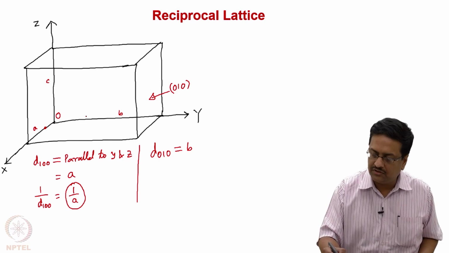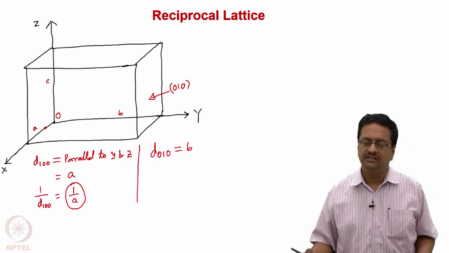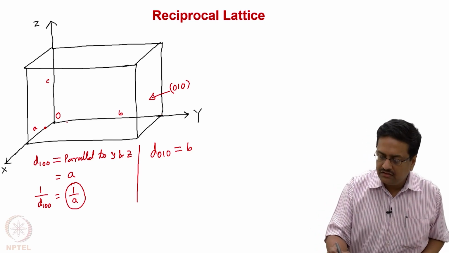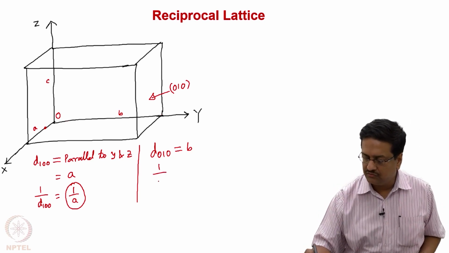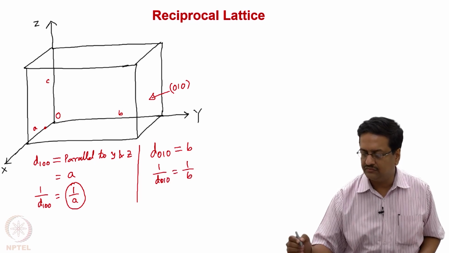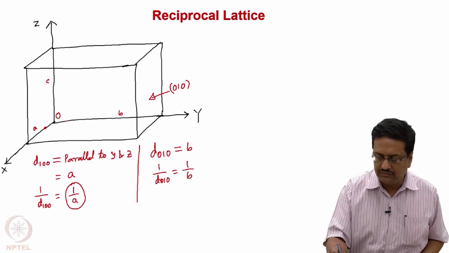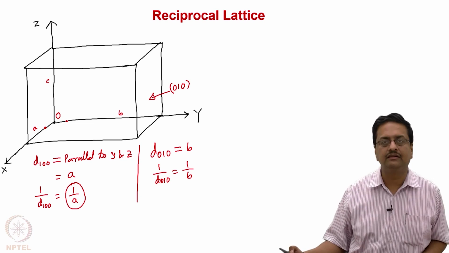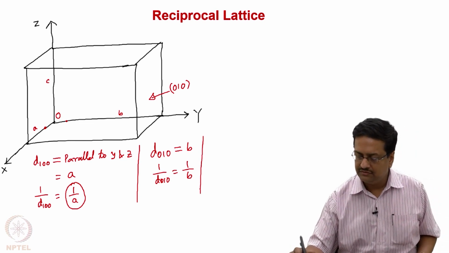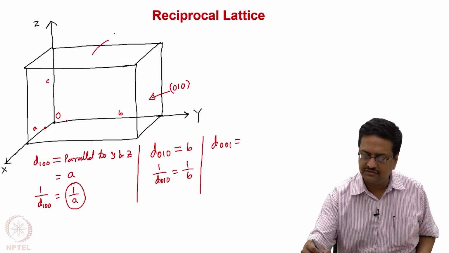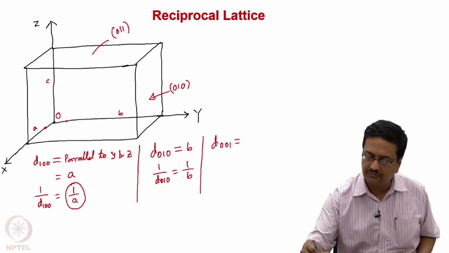So the normal from origin to this plane is D010, which is equal to B, and we chop it at 1 by D010, which is a distance 1 by B. We put a point here, and similarly D001 is the distance of this plane, which is the 001 set of planes.